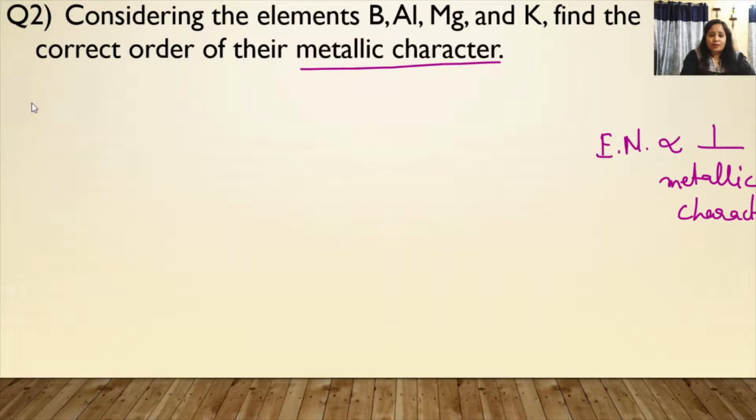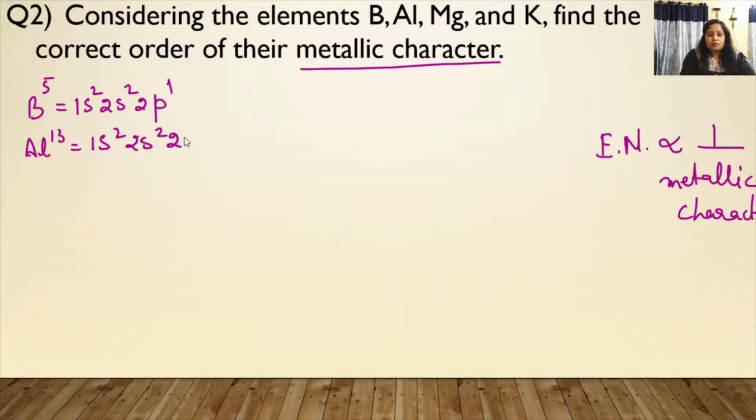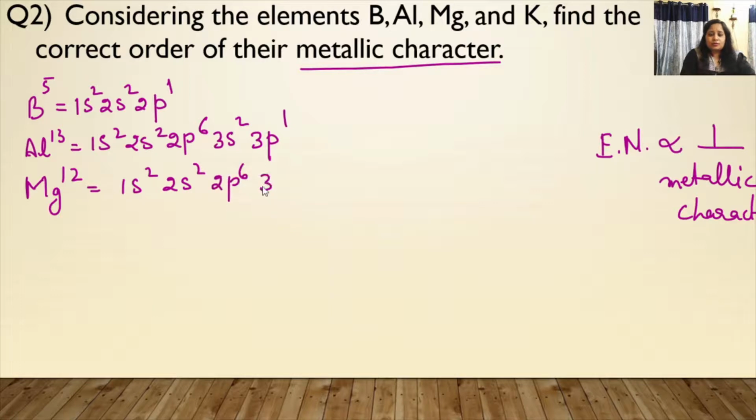So first of all we have boron having 5 electrons, so 1s2, 2s2, 2p1. Then we have aluminium 13, 1s2, 2s2, 2p6, 3s2 and 3p1. Then magnesium 12 electrons, 1s2, 2s2, 2p6, 3s2.